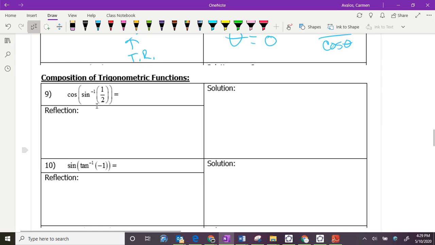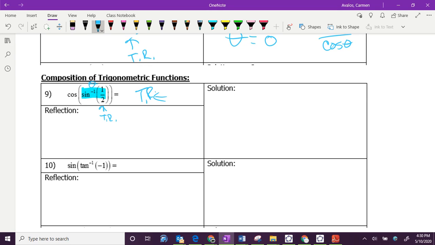So that means that this whole entire thing, the answer that I get, is going to have to be an angle, which makes sense because this inside is a trig ratio, so when I calculate this part right here, that's going to give me an angle. Okay, so it's going to give me an angle, and then I'm going to have cosine of that angle, and therefore then I'm going to be able to get there. My final answer is going to be a trig ratio.